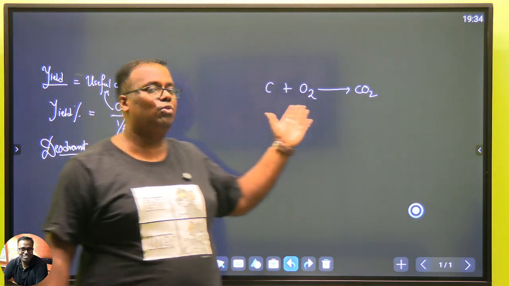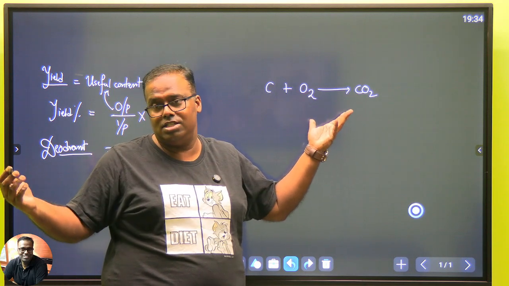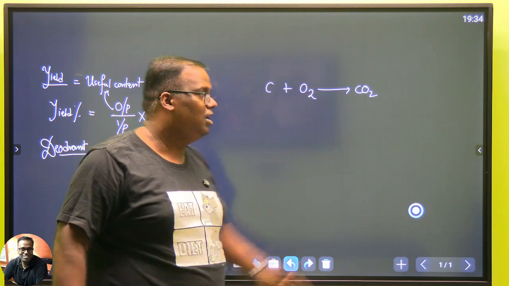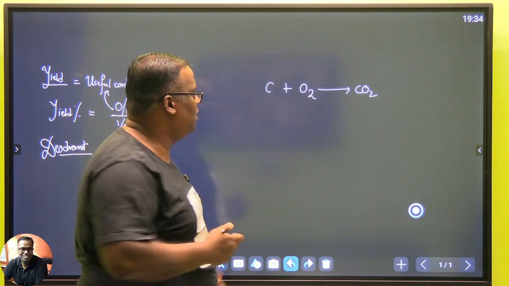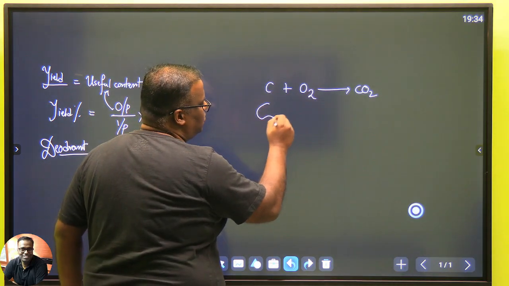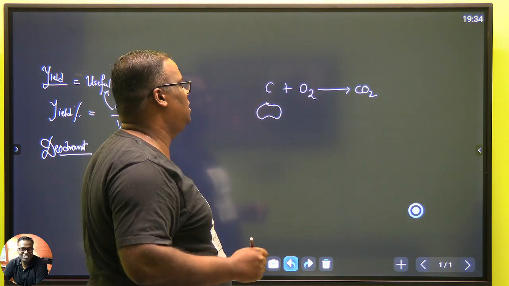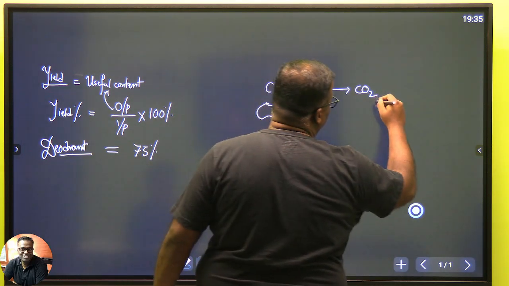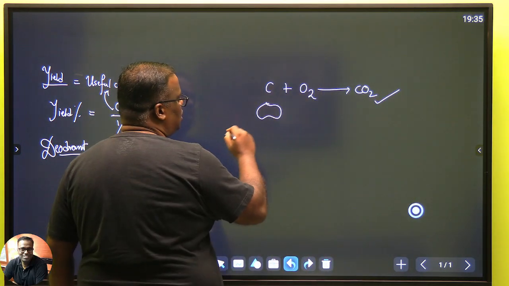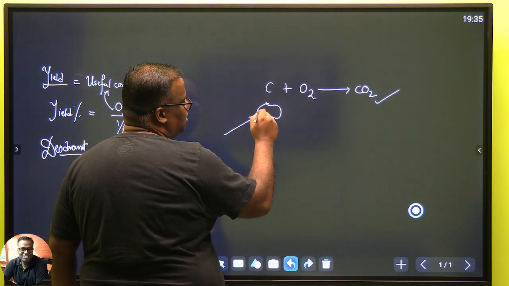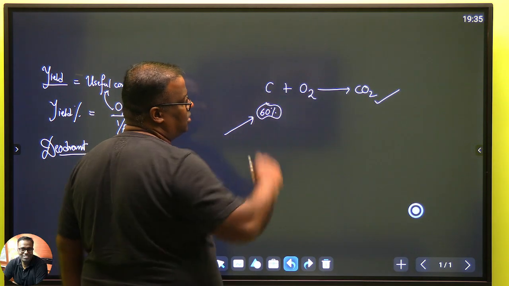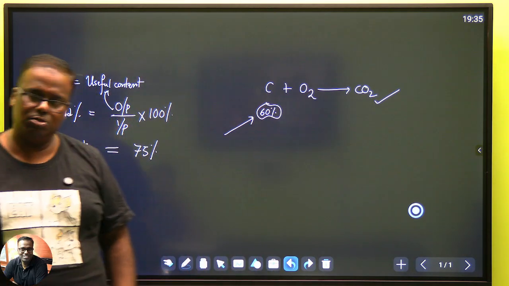All types of coal, you know, coals are of different grades, so carbon is also of different grade. So the type of coal that I am burning in this reaction, and suppose I am interested in CO2, so the manufacturer told me, sir, this coal has got a yield of only 60%. समझ में आया?